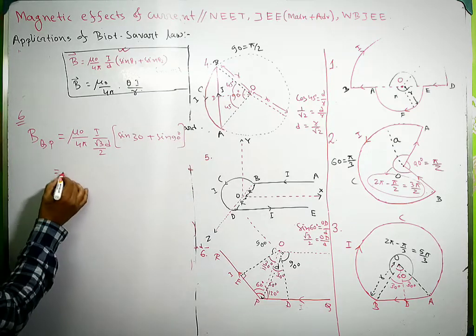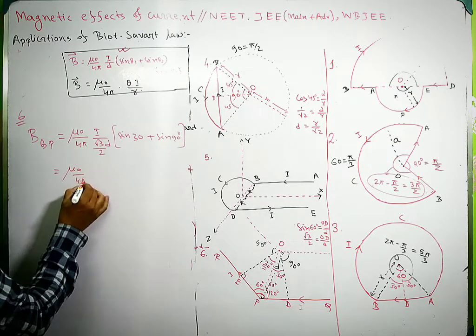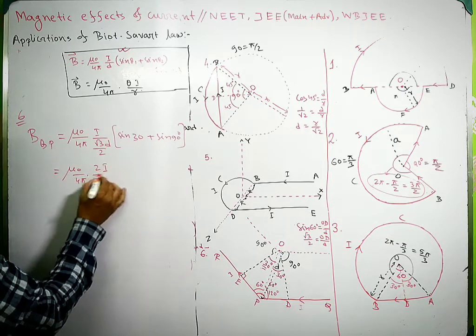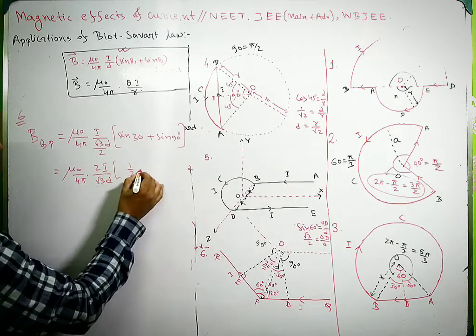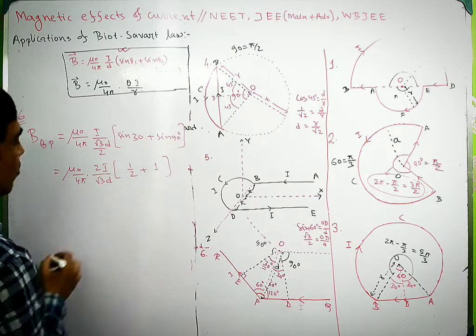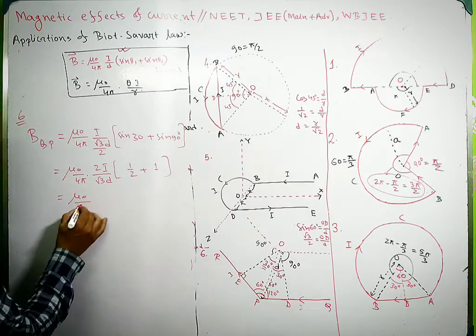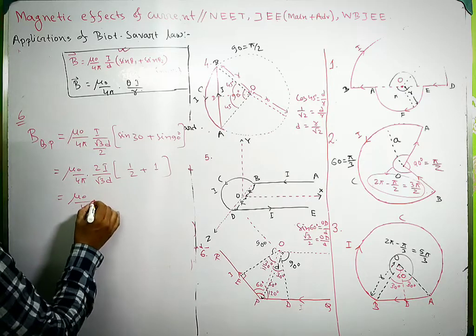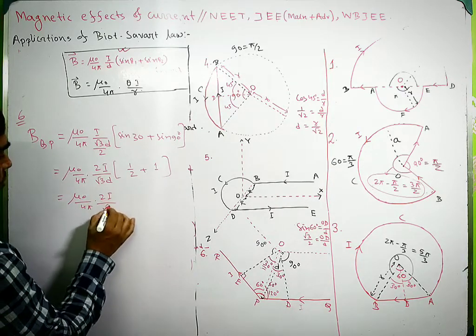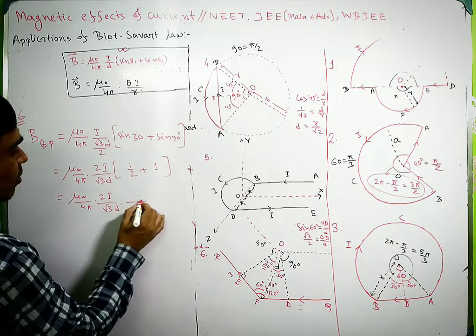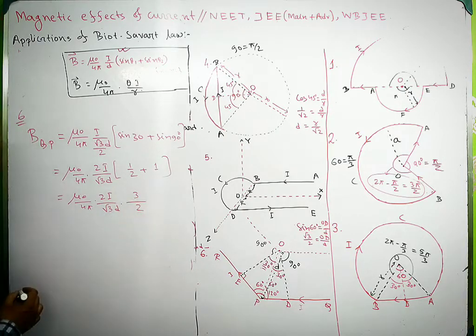Okay, so it will be mu 0 by 4 pi, times 2I by root 3 D, times (half plus 1), which is 3 by 2.